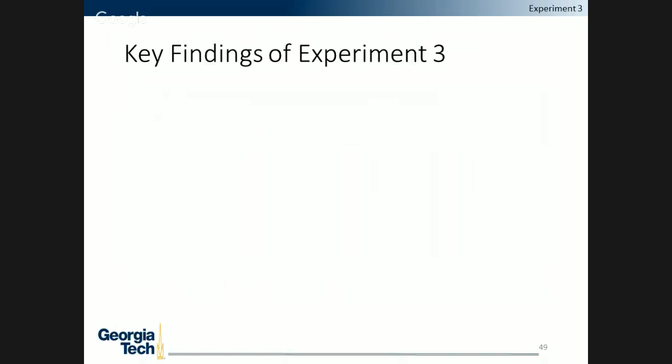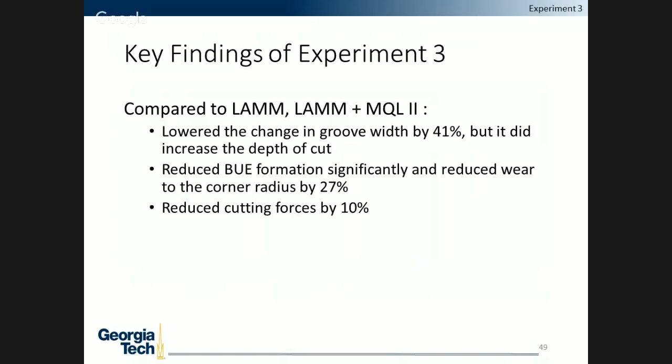So, just to give a recap of experiment 3, LAMB plus MQL led to more accurate groove widths due to less tool wear, because built-up edge was prevented and the lubrication of the MQL process led to less tool wear. But one negative was that the MQL process, as we hypothesized, led to more absorption of the laser and led to an increased depth of cut.